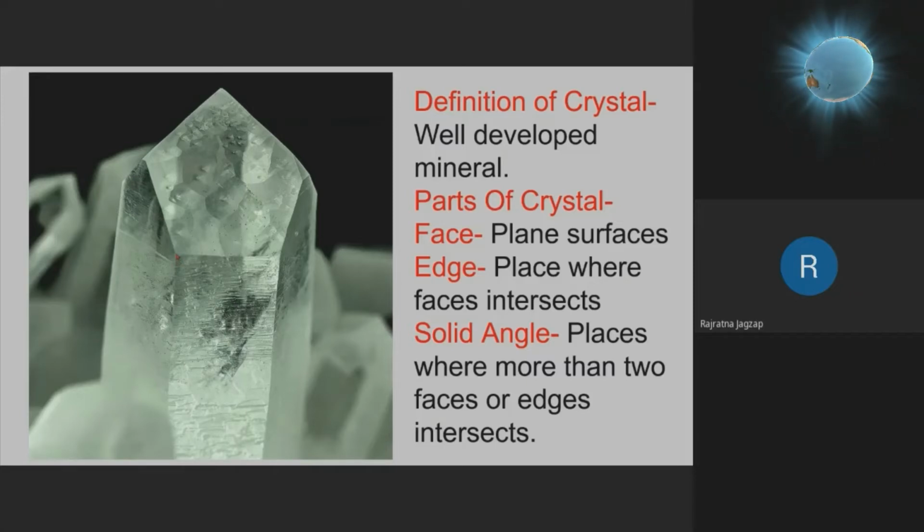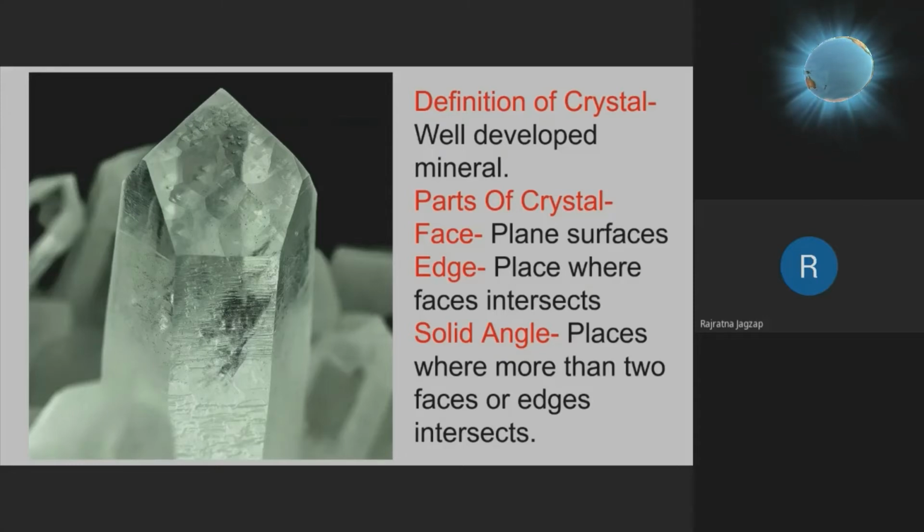Technically speaking, it is a place where more than two faces or two edges meet together. So these are the three parts of a crystal: face, edge, and solid angle. If any mineral shows these three parts, we can comfortably say that it is a crystal.